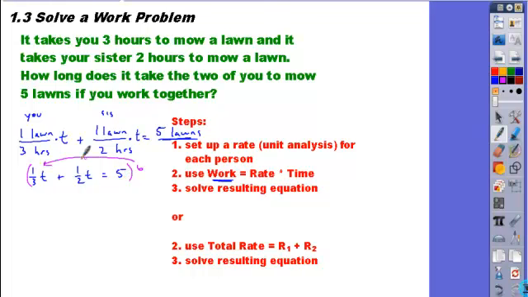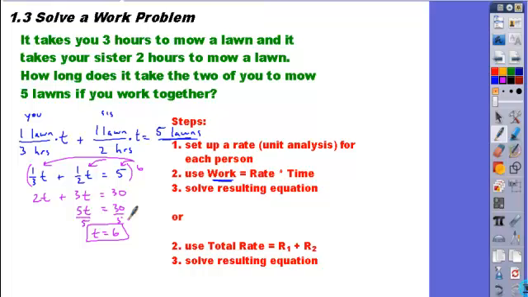If we distribute 6 to each of these terms, 1/3 of 6 is 2, so we get 2t, plus 1/2 of 6 is 3, which is 3t. 5 times 6 is 30. So we get a total of 5t equals 30, divide by 5, and we get t is equal to 6. So it's going to take you 6 hours to mow 5 lawns if you work together.